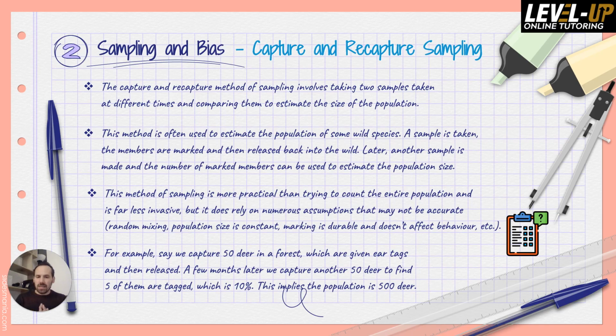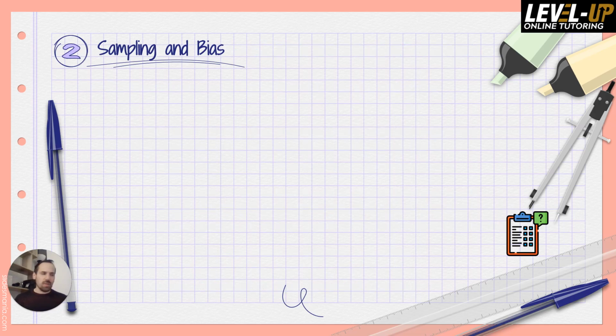So we could use this to infer that there are 500 deer in that forest. So that's a rough way we could estimate 500 deer without having to actually capture all 500 deer. So there we go.